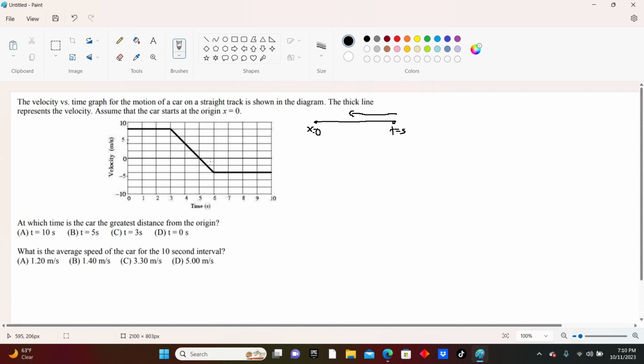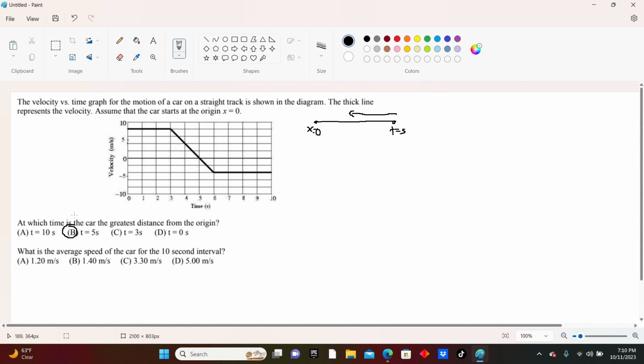Subtracting from the original area from t equals 0 to t equals 5 creates a lower value of displacement in comparison to just having the positive area from t equals 0 to t equals 5. So the positive area alone gives the greatest displacement, and the greatest distance from the origin is at t equals 5. That's answer choice B.